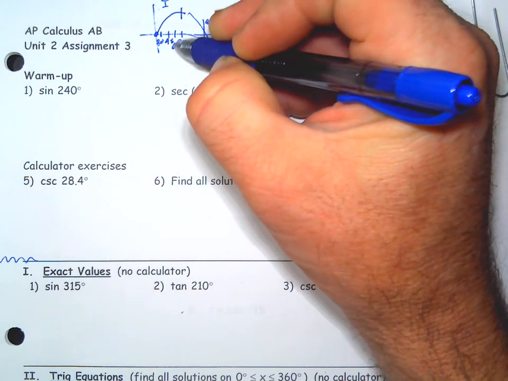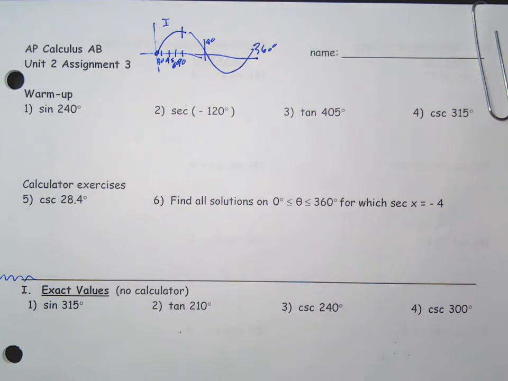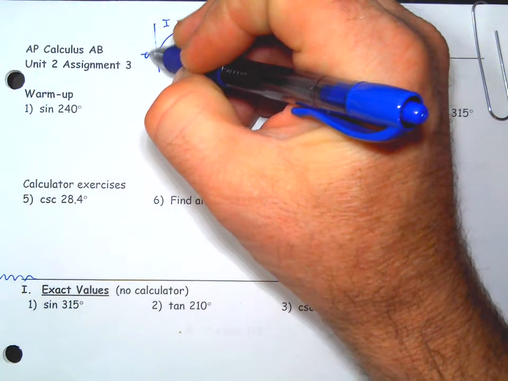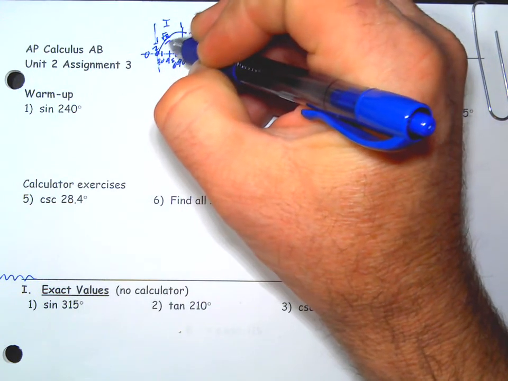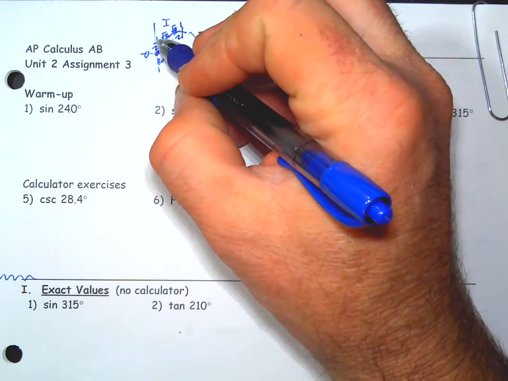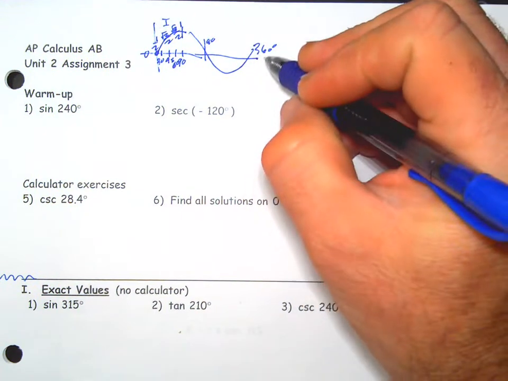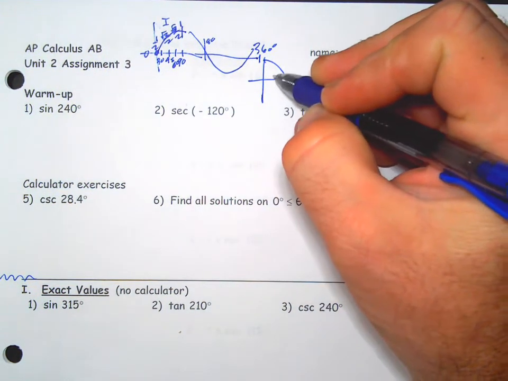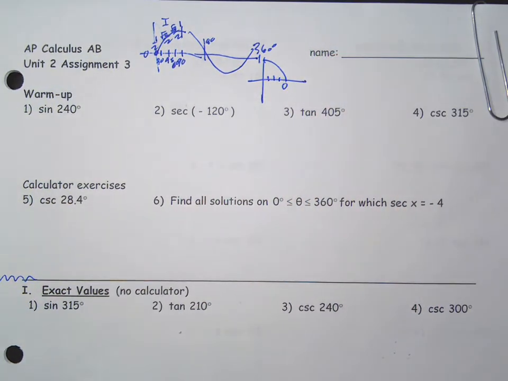I memorize these angles, 0, 30, 45, 60, 90 for sine and cosine. Now sine goes up from 0 to 1, so it's 1/2, root 2 over 2, root 3 over 2. Remember the trick is it's root 0 over 2, root 1 over 2, root 2 over 2, root 3 over 2, root 4 over 2. Now cosine starts at the top, goes from 1 to 0, same angles, same values, but backwards.